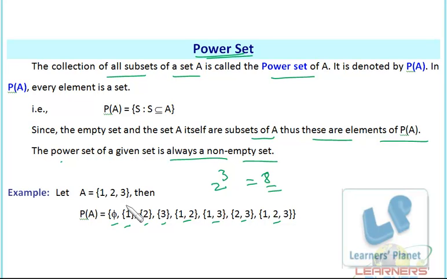In case of power sets, you'll be able to see the sets inside the curly brackets, and all these are actually sets, subsets of A. So this is the collection of subsets, and U is the collection of elements only. So be very clear, power set is the collection of subsets, and universal set is the collection of elements only. That is the major difference between the two.